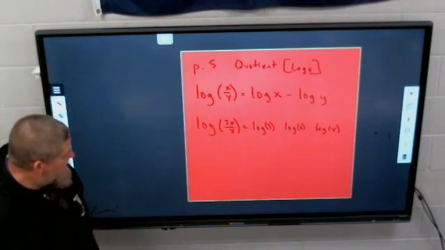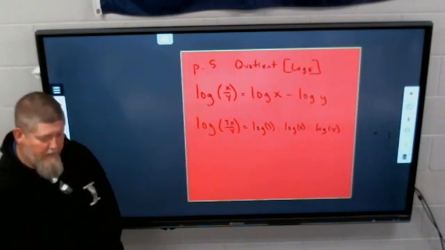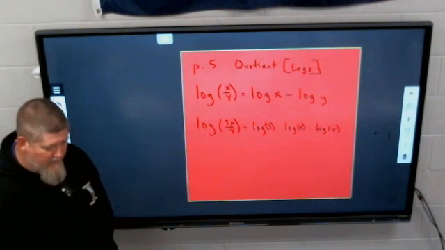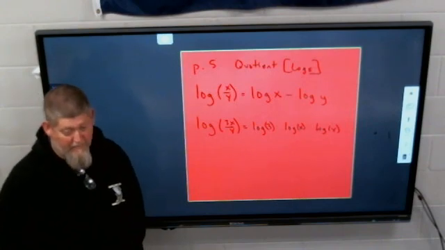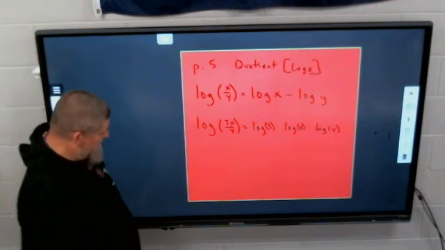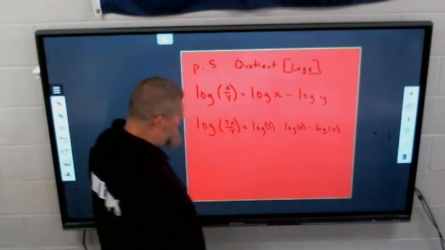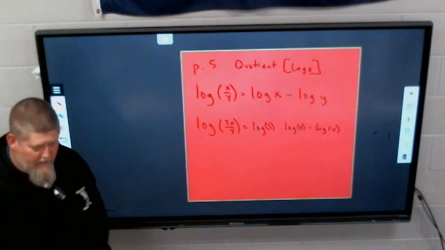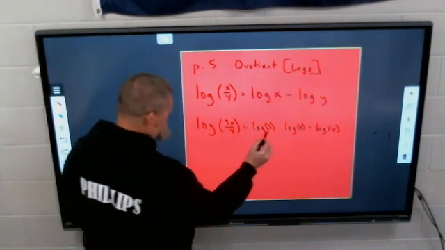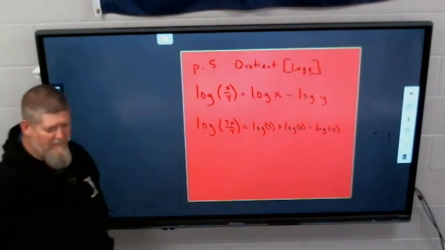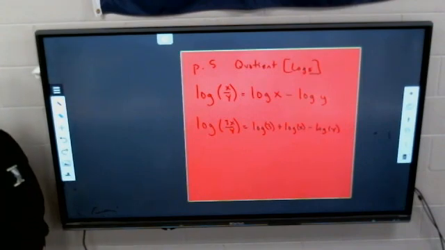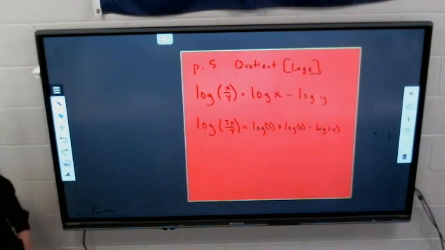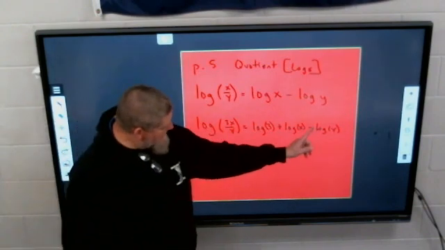Log 3 positive, log x positive because it's at the top, and log y negative. Okay. That's the correct answer right there. The denominator is the one with log of y, it's the one that's negative.